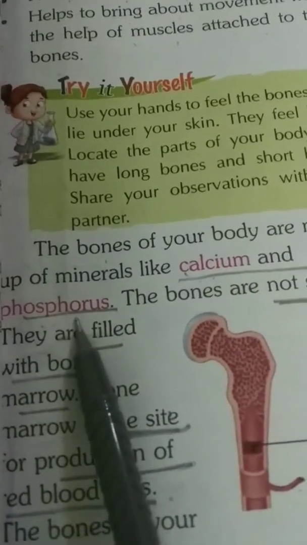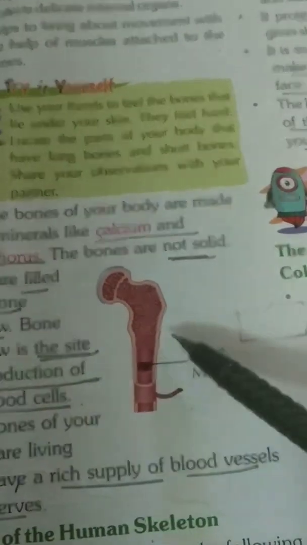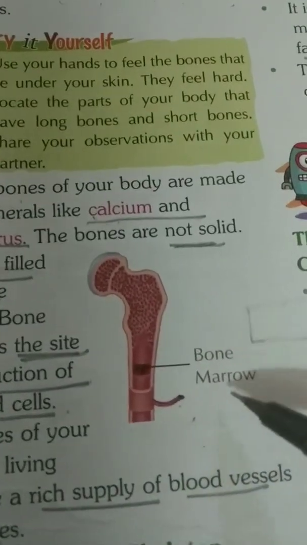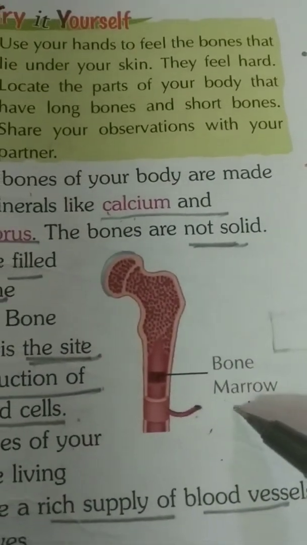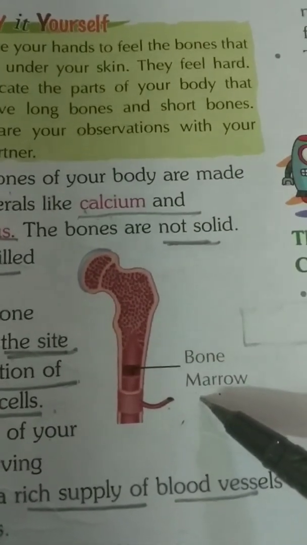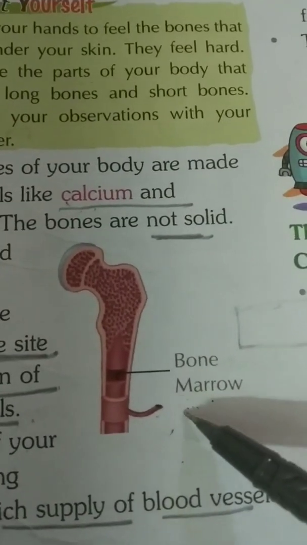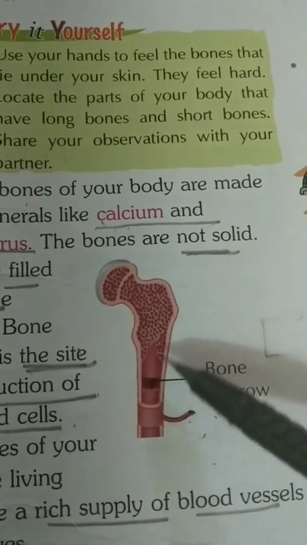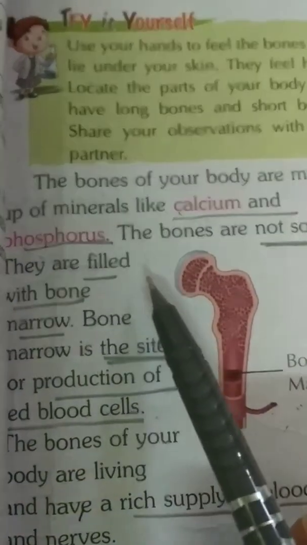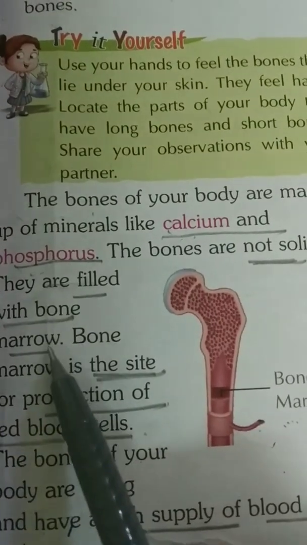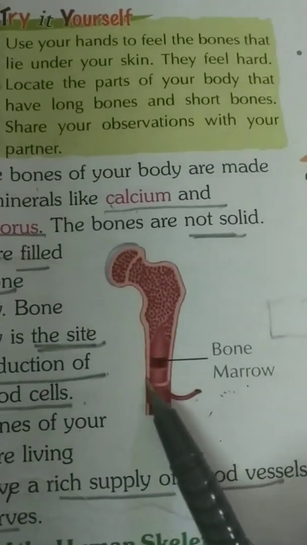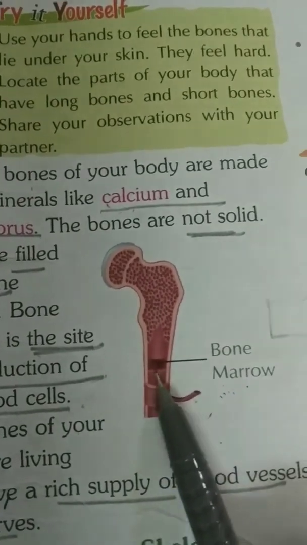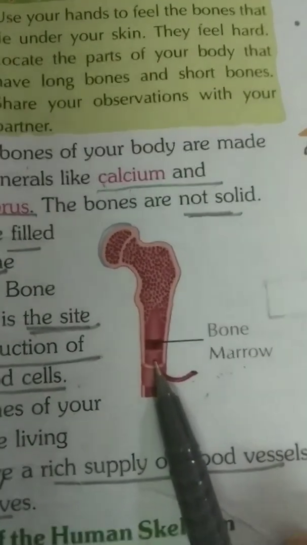Then the structure of bone marrow. Bones are not solid, they are filled with bone marrow, and bone marrow is the site for the production of red blood cells.